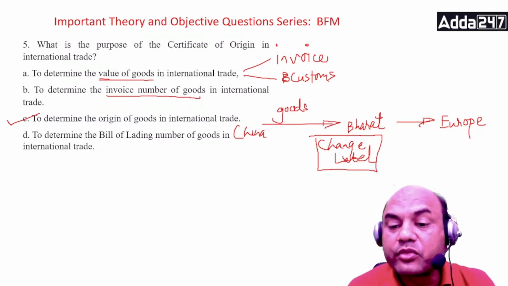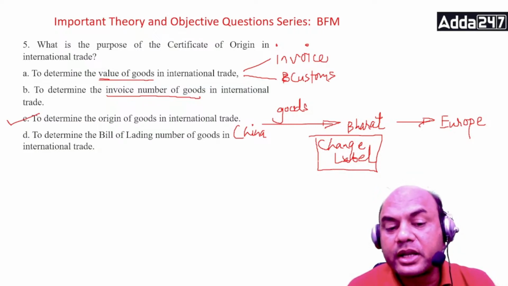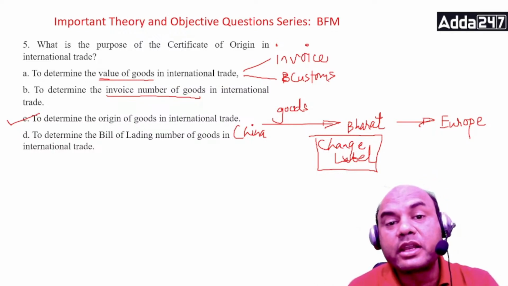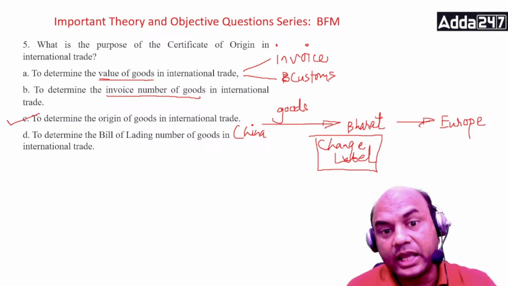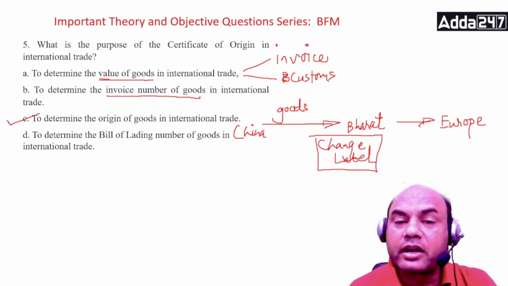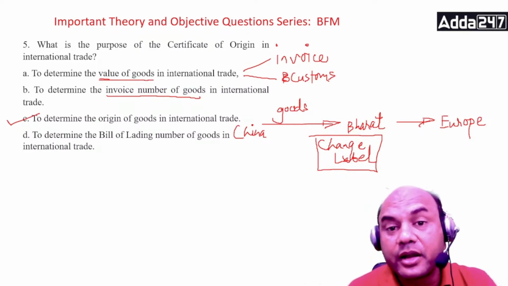Many countries want to know where the goods originated. Why? There are various reasons. Some countries have internal rivalry or animosity, enemies. For example, many countries have rivalry or animosity with Iran.